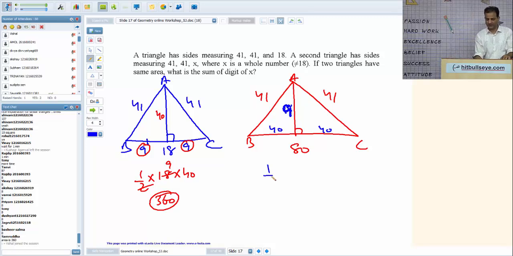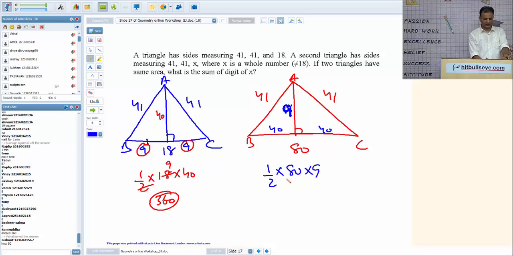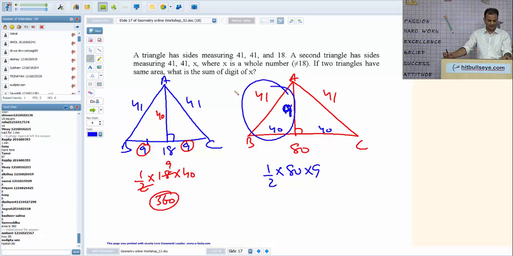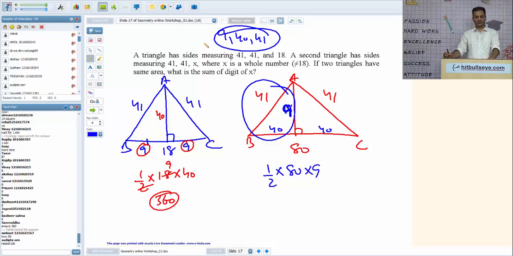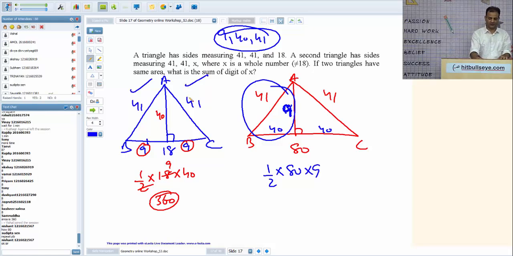So the area of this triangle will be half into 80 into 9. Nishant, how 80? Because I have to make the triplet 9, 40, 41. Dipta, I have to make the triplet. I know the triplet is 9, 40, 41. In the first case, 41, 41 with base 18, I draw a perpendicular.